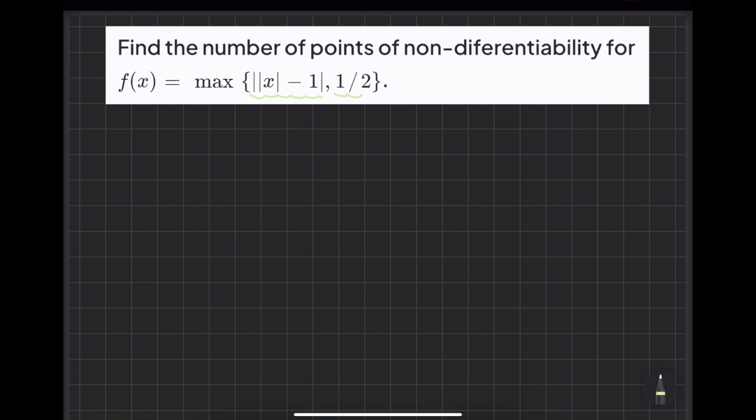Then, to make it more complicated, they have updated the problem by substituting: they have replaced x with mod x. And then, to make it more complicated, they have applied one more mod on everything. Okay? So this is the idea of drawing this graph.